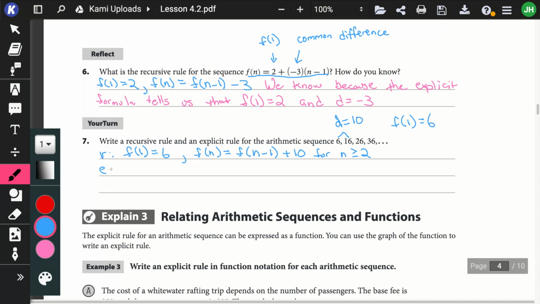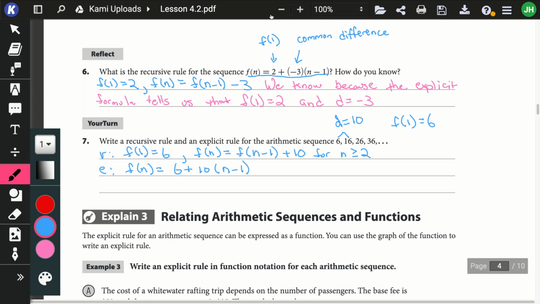What's the explicit rule? Well, the explicit rule tells us f of n equals the start value, or the f of 1, 6, plus 10 times n minus 1. Right? You got this. You are a rock star.